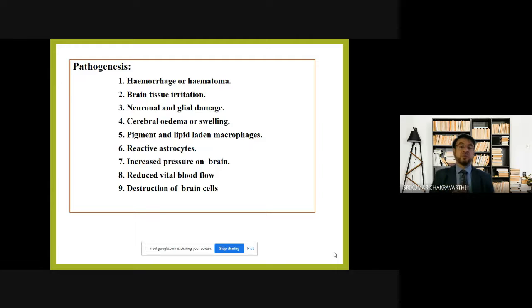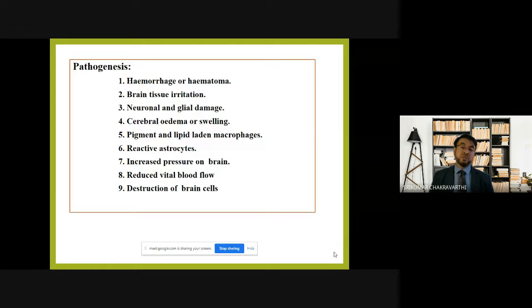So, when a hematoma occurs or a hemorrhage occurs, the blood in the hemorrhage irritates the brain tissue. That damages the neuronal tissue and the supporting tissue. The supporting tissue is the glial tissue. So the brain swells up. Why? Because of edema. Edema is a feature that you see in any form of inflammation, which is an exudate in other parts of the body.